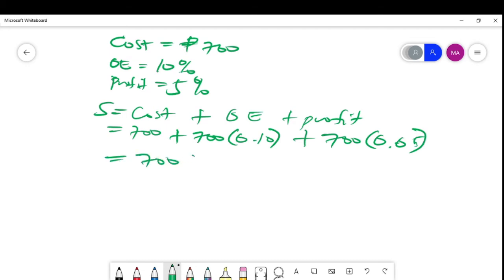So this will be 700 plus 70 plus 35. So the selling price will be 805 pesos.